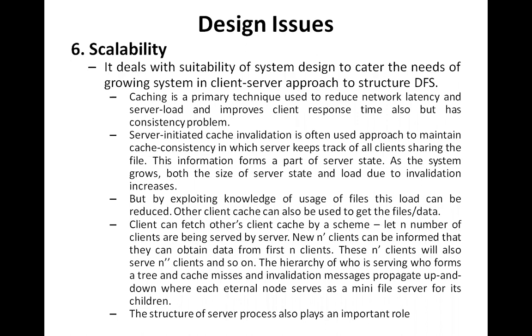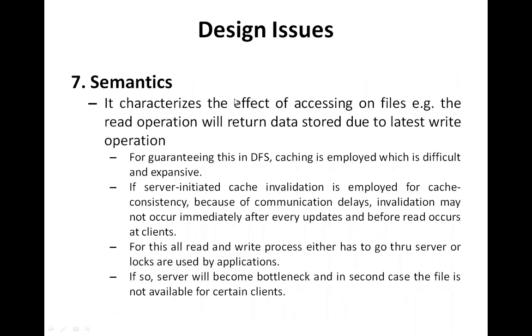This wait can be avoided if a separate process is assigned to each client. But in this case, the significant overhead due to frequent context switches to handle requests from different clients can slow down the server. So scalability is a very important issue, and it has to be taken care of while designing the distributed file system. Now, the next design issue is concerned with semantics.